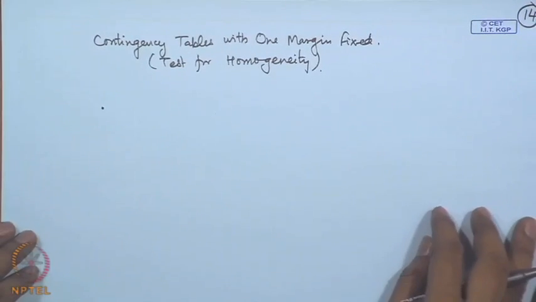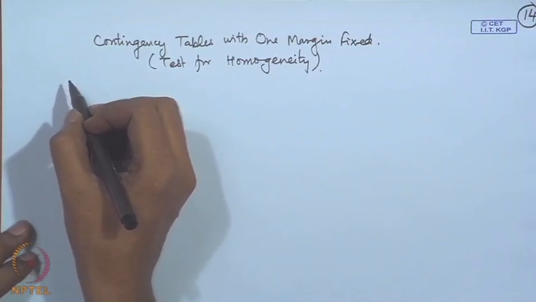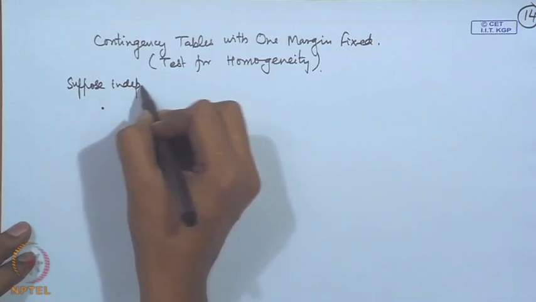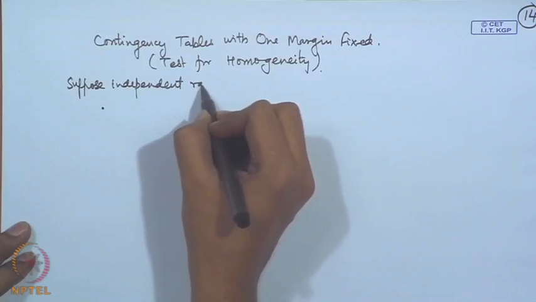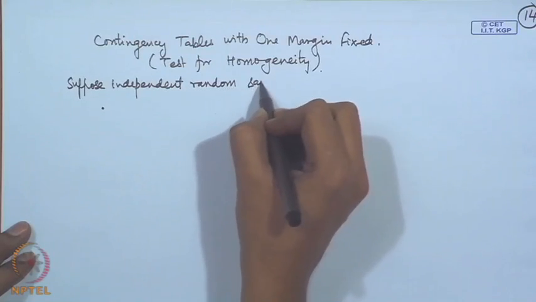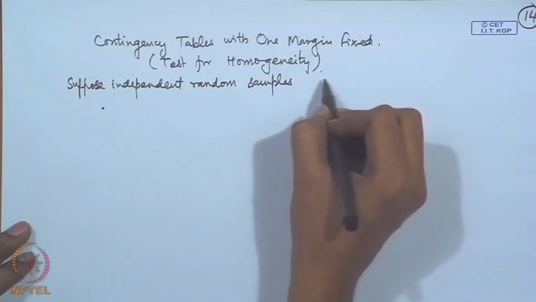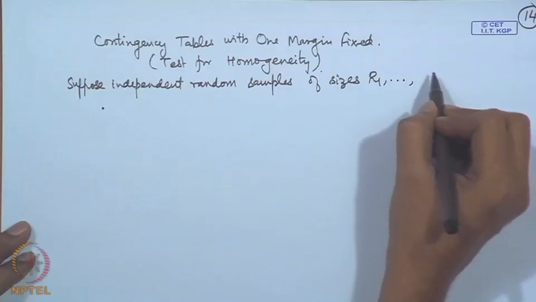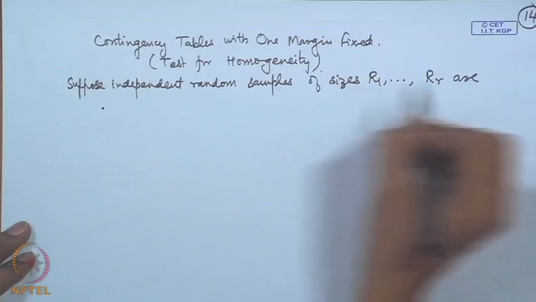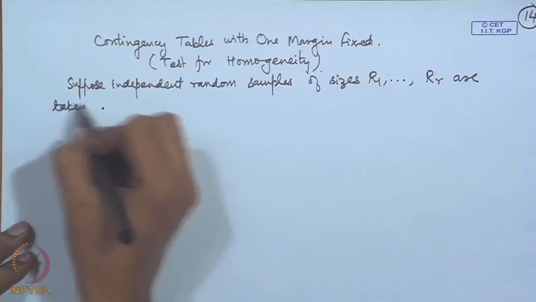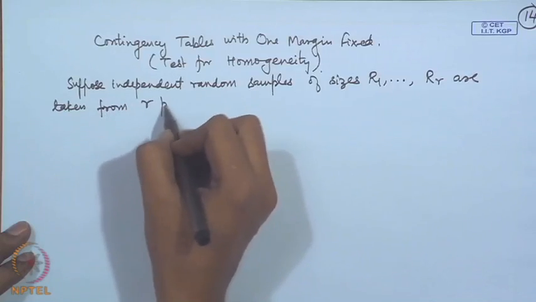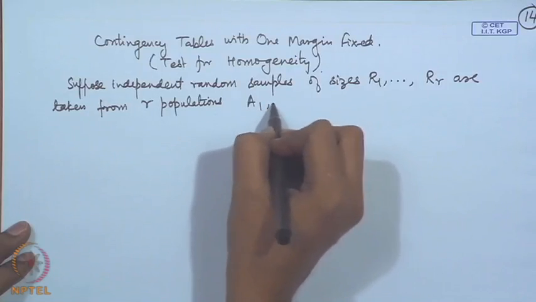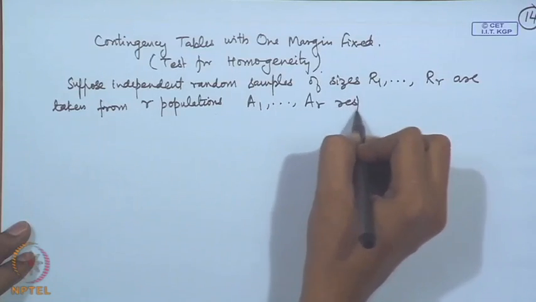So, here we are considering, suppose, independent random samples of sizes R1, R2, ..., Rr taken from r populations, say A1, A2, ..., Ar respectively.